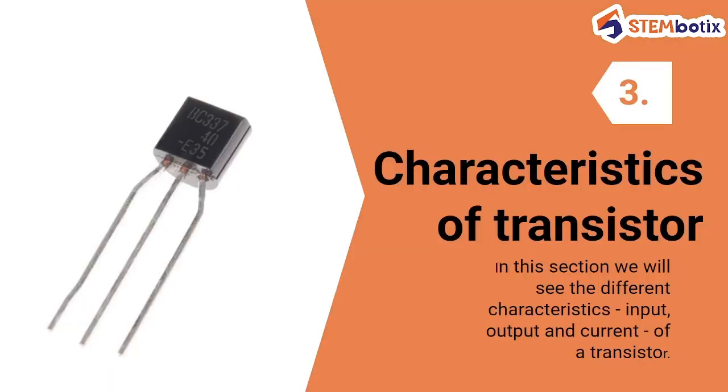The third part of this session on transistors is the different characteristics of transistors. In this section, we will see the different characteristics, which are input, output and current transfer characteristics of a transistor. So first of all, what is a characteristic?